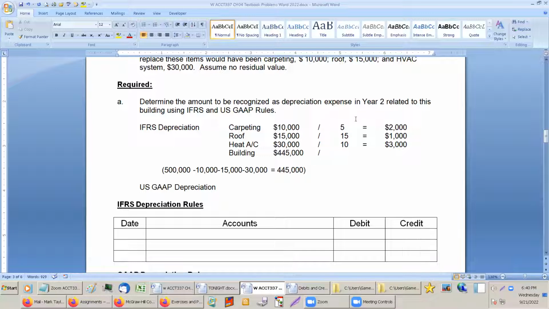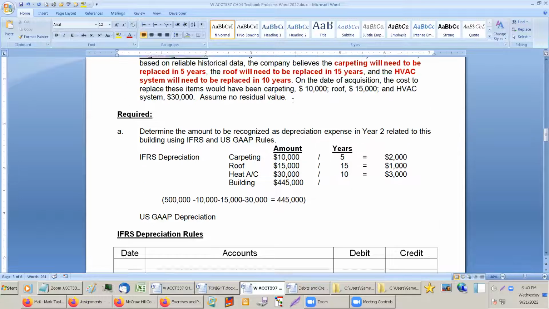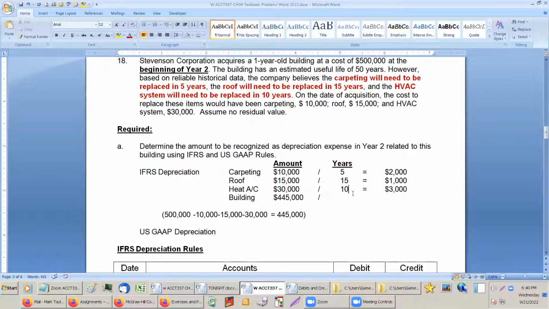And the building is for 50 years, so $8,900.